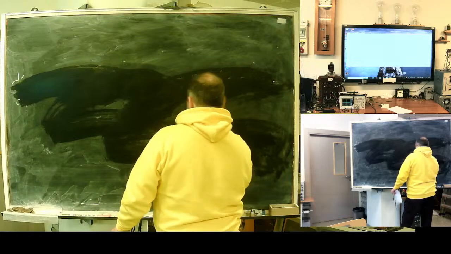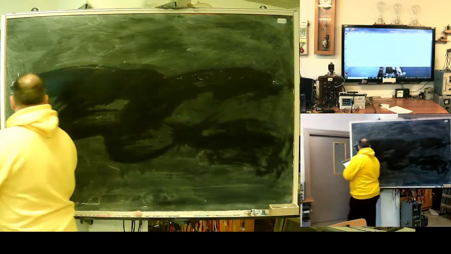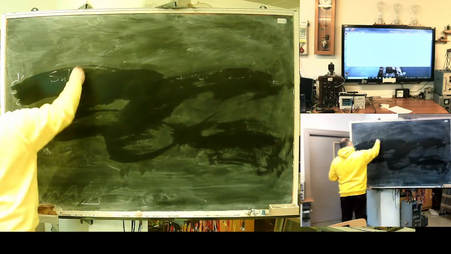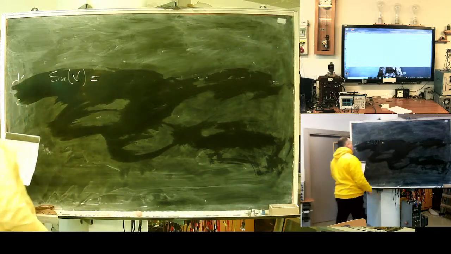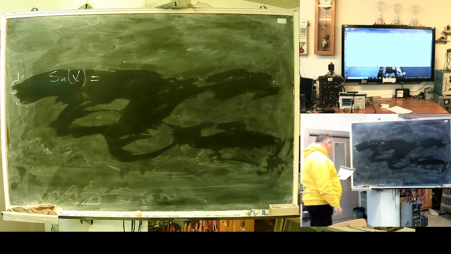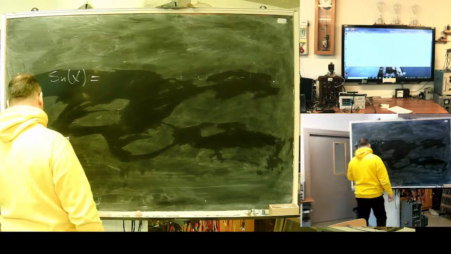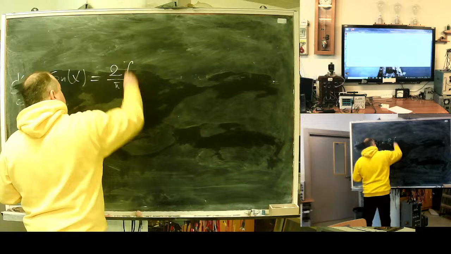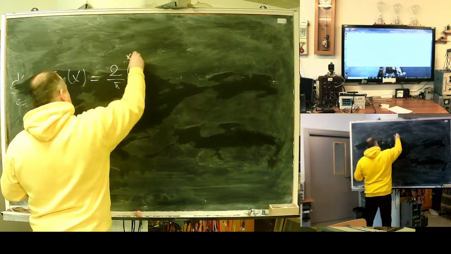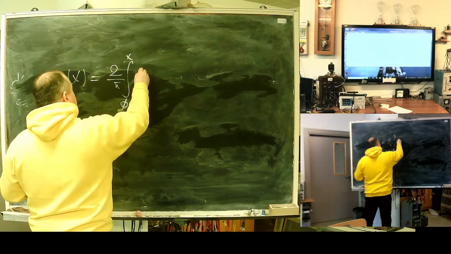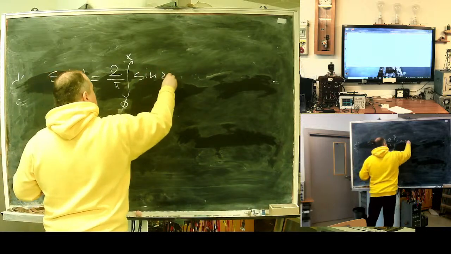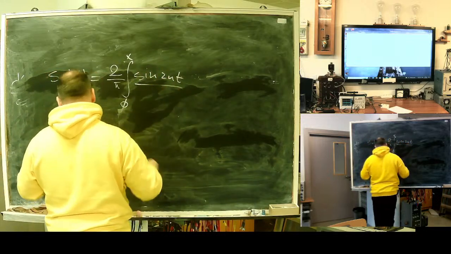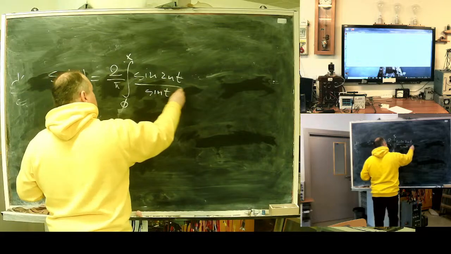Super knowledge. I can write my sum as 2 divided by π, integral from 0 to x of sine 2nt by sine t dt.